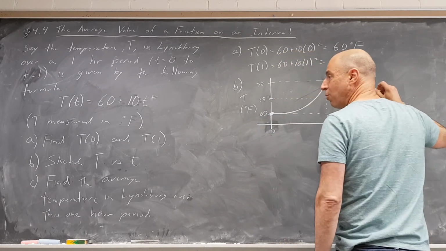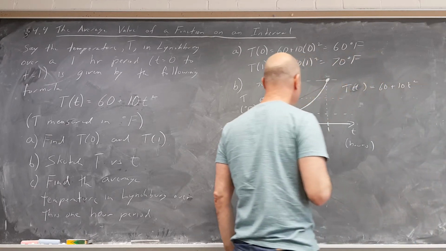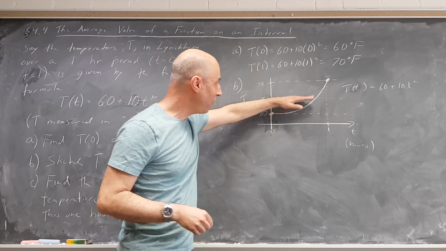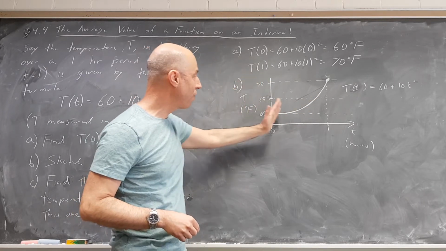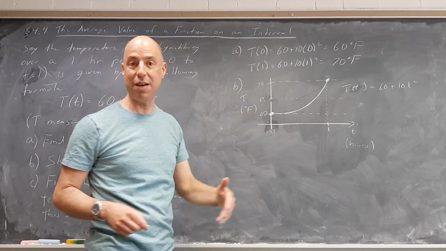And of course we have a formula for this if we wanted, 60 plus 10t squared. So I don't think most of you looking at this picture would say that the average temperature in Lynchburg over this 1 hour period was exactly halfway between the temperature at the beginning and the temperature at the end.